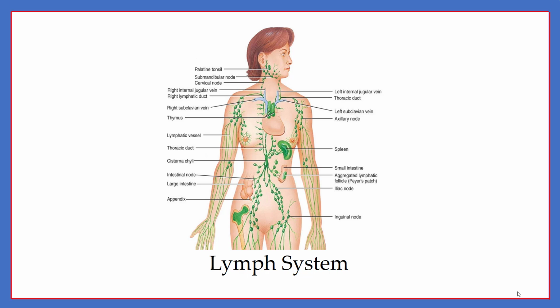There are main channels where lymph, sort of these tributaries, flow towards main channels, which this is trying to illustrate. And the small green circles are lymph nodes, which are watching for what's passing through the lymph, looking for bacteria or viruses or whatever, and then they'll begin to produce more antibodies or white cells as a response.